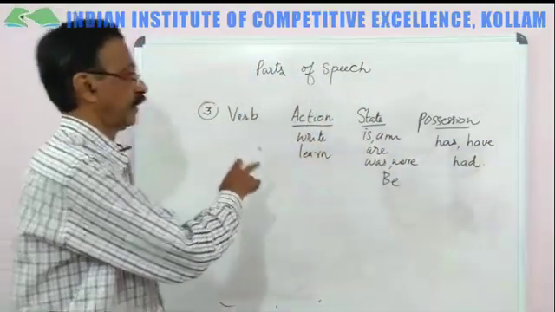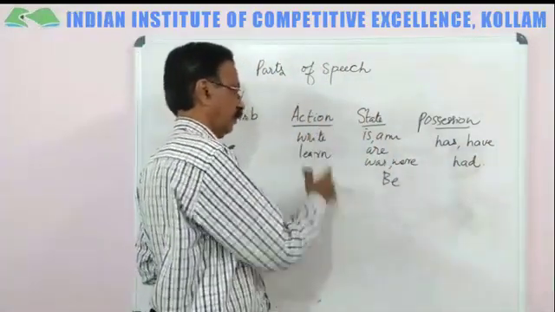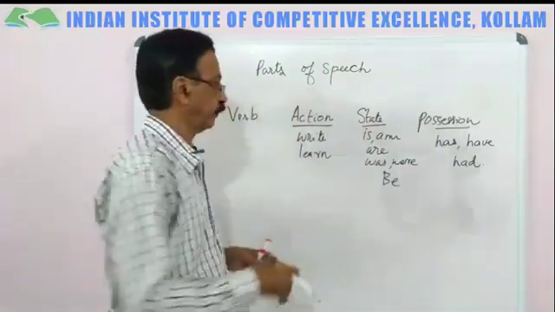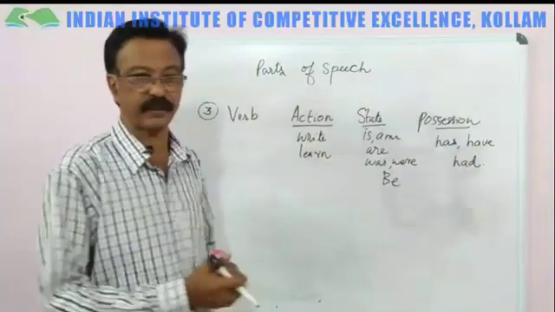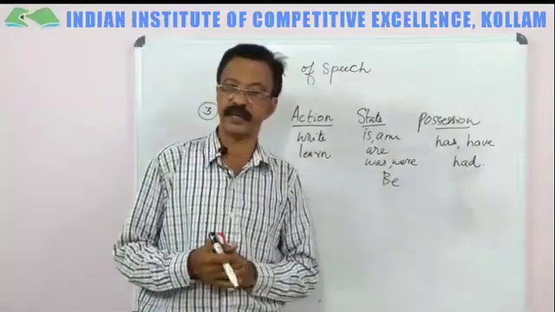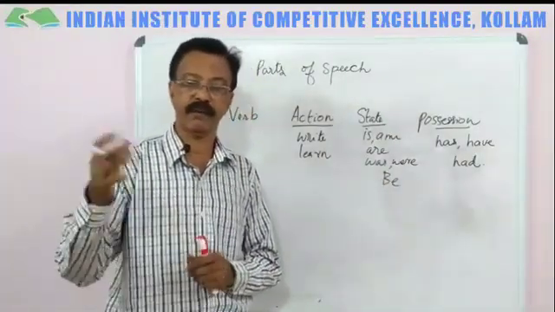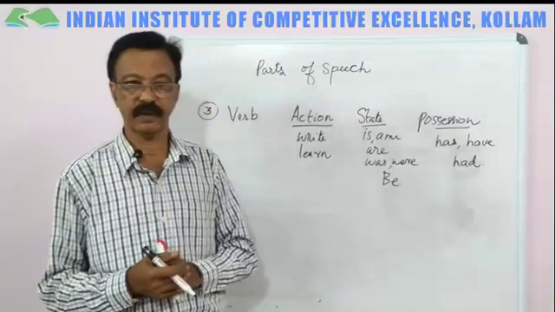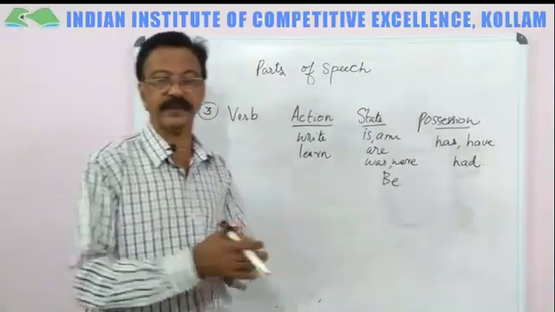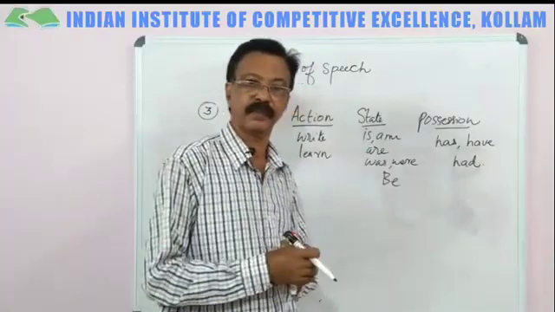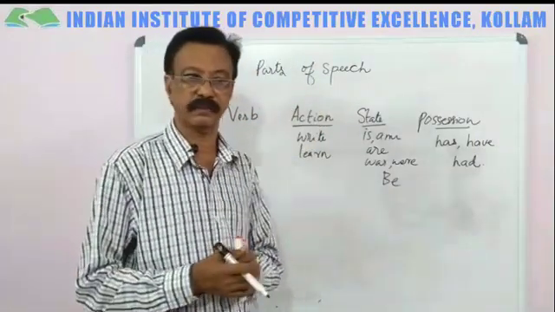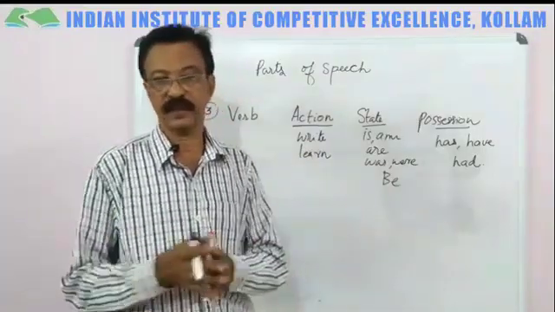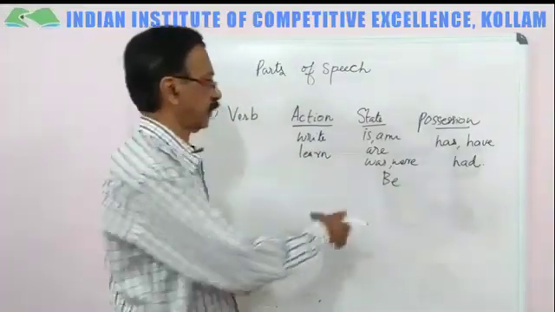So verb, action verbs show an action. Then the state: he is a doctor, she is a dentist, they are teachers, he is a journalist, they are students, like that.